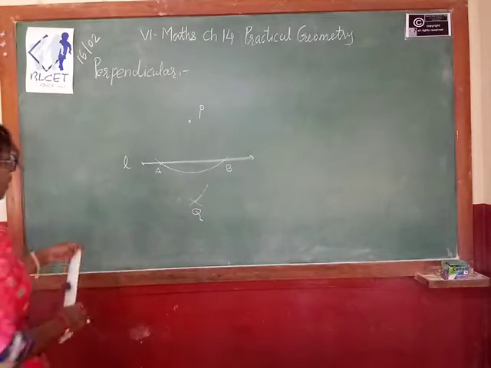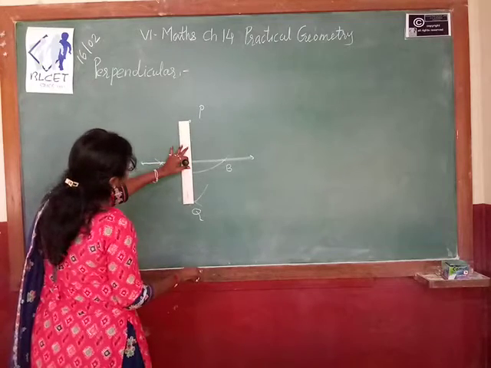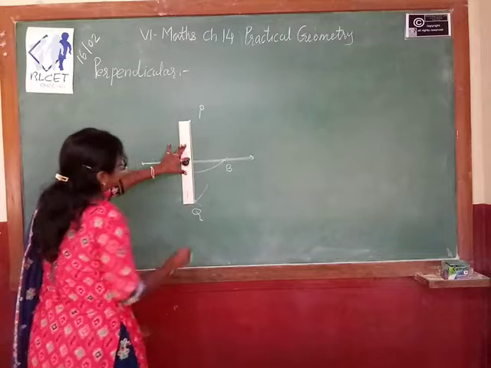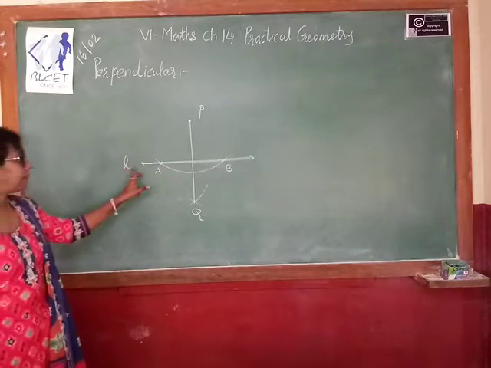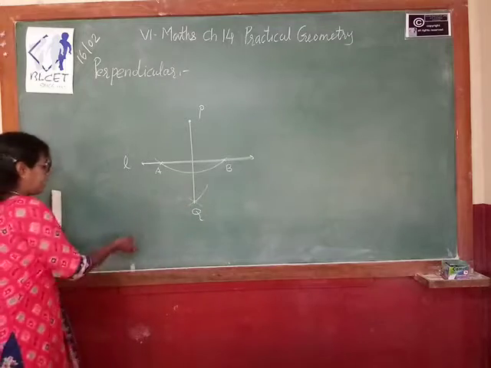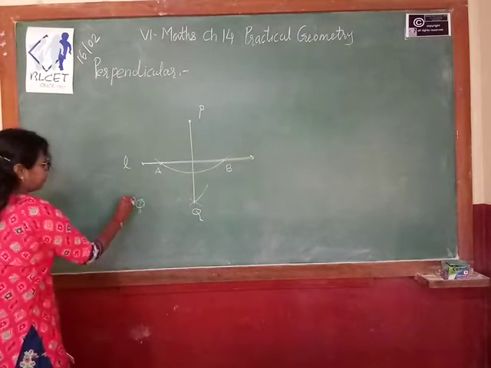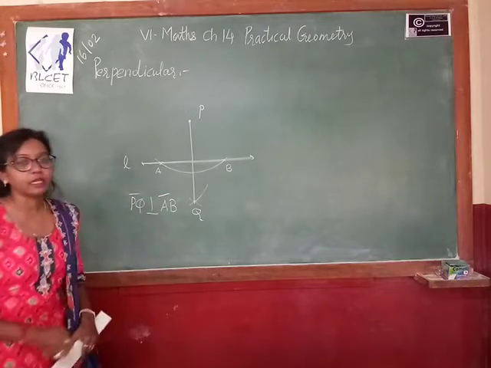We have to join these two points P and Q. So this is your line segment PQ, which is exactly perpendicular to AB. So what can we write? PQ perpendicular to AB.